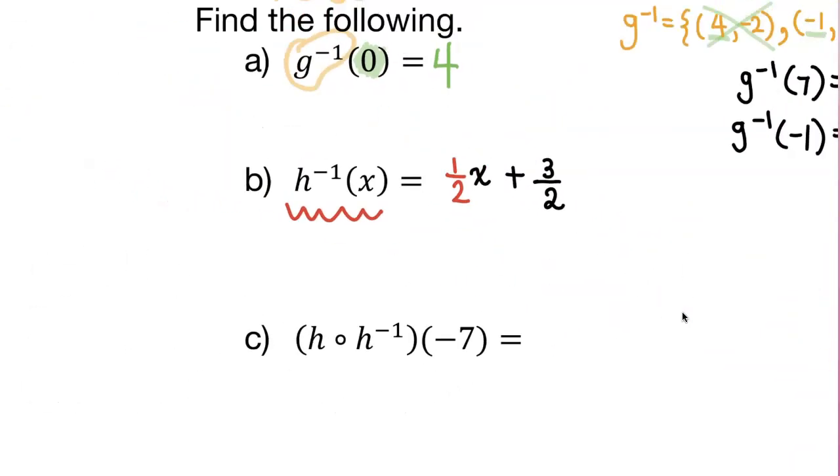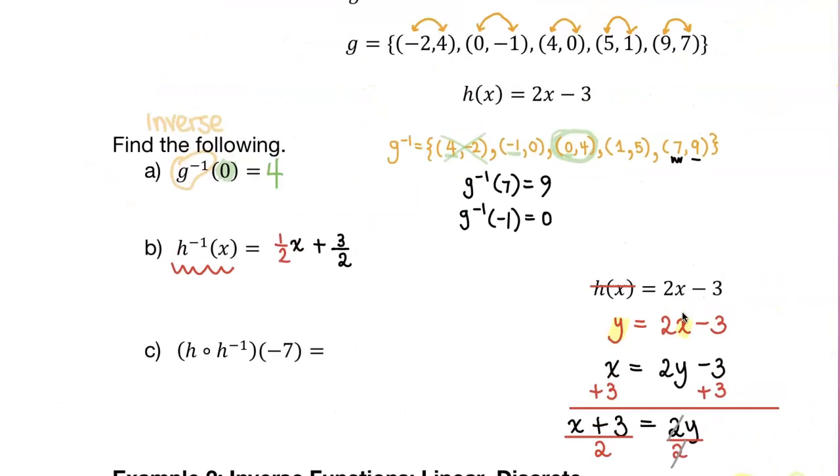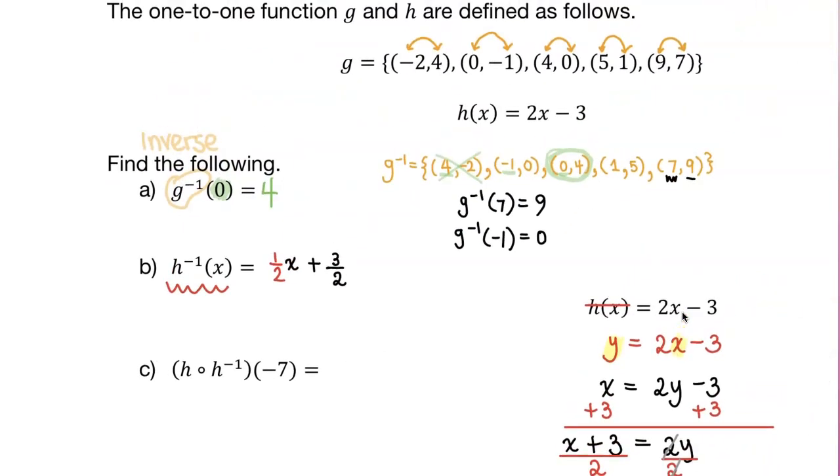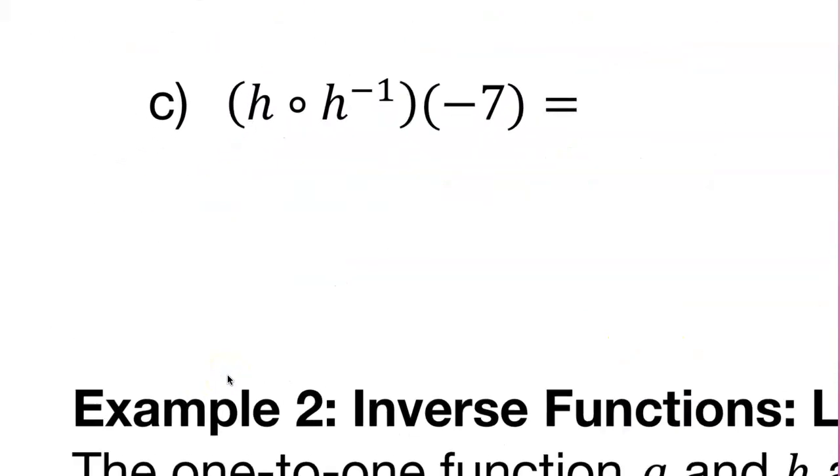Okay? Now, let's do the very last one. And the last one is super easy. When they say to do a composition of a function with its inverse, because that's what's happening here, right?